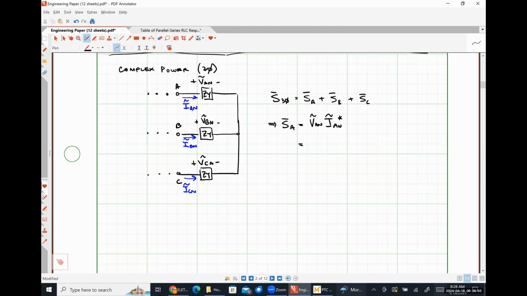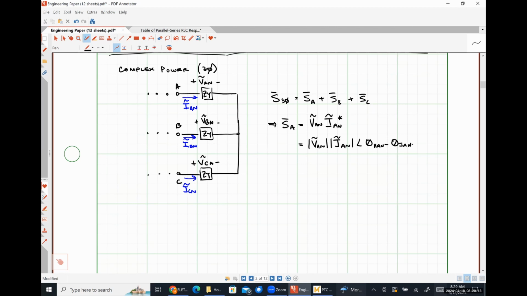So expanding this out just a little bit more, this is going to look like the magnitude of VAN times the magnitude of IAN with an angle of theta VAN minus theta IAN.